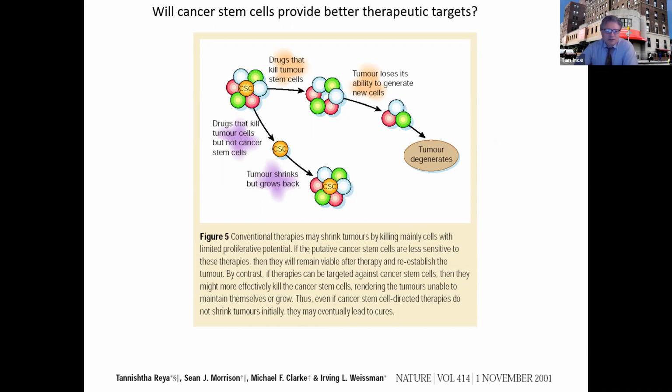They kill all the other cells. So that's this arm at the bottom. So a drug kills the red, green, blue cells, leaves behind the cancer stem cell, and basically then the tumor will come back. This is the theory why most cancer drugs do not work.